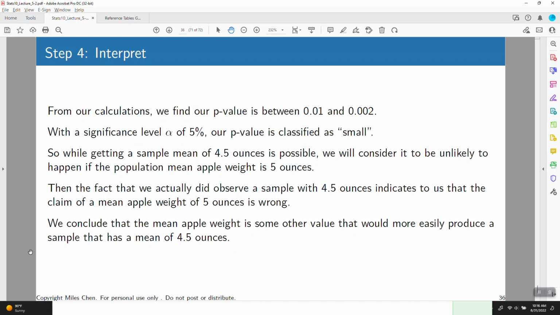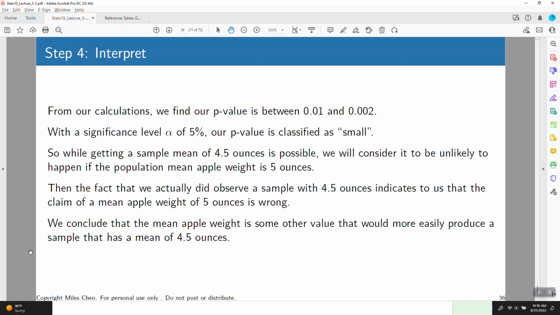So what we're saying is that if the average weight of apples is really 5 ounces, is it possible to get a random sample where your average weight is only 4.5? Okay, it's not impossible, but it happens less than 1% of the time.